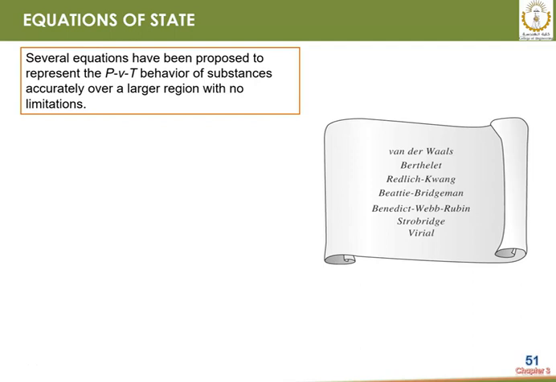Earlier in this chapter, we talked about phase change of pure substance from liquid to vapor, to superheated vapor, and how to use the property tables to find the properties of pure substances at different phases.